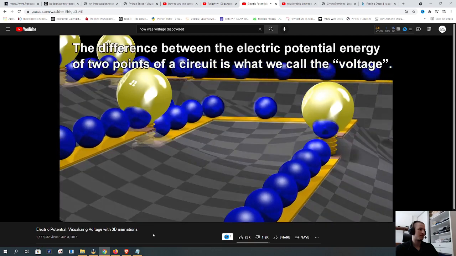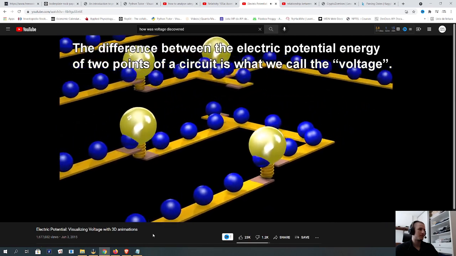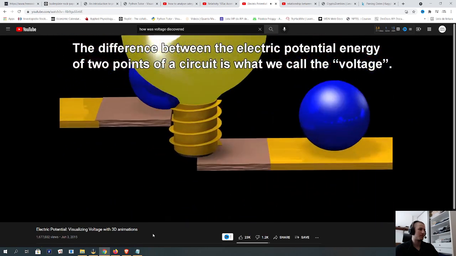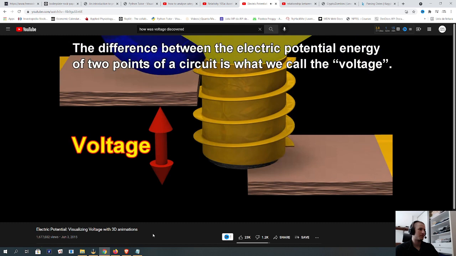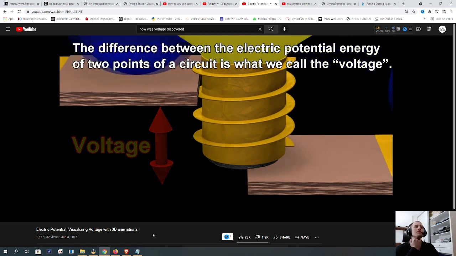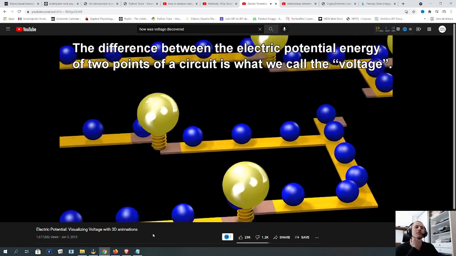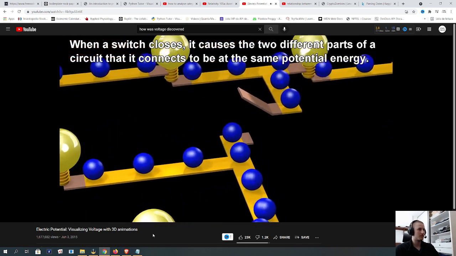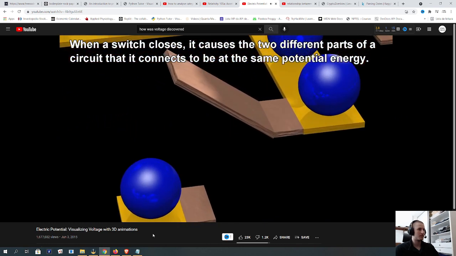The difference between the electric potential energy of 2 points of a circuit is what we call the voltage. When a switch closes, it causes the two different parts of a circuit that it connects to be at the same potential energy.